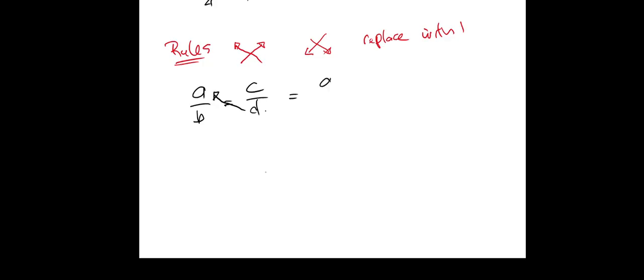So A times D, the B stays where it is, equals C, and the D now becomes a 1. This will become important a little bit later on, and we're left with AD over B equals C. Okay.